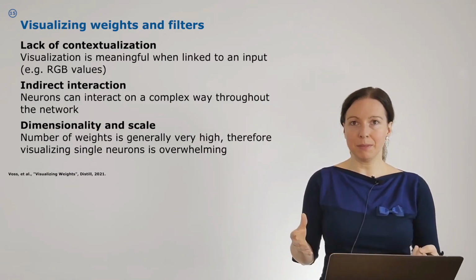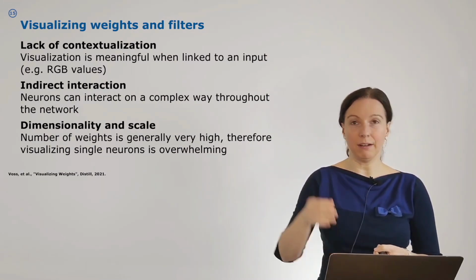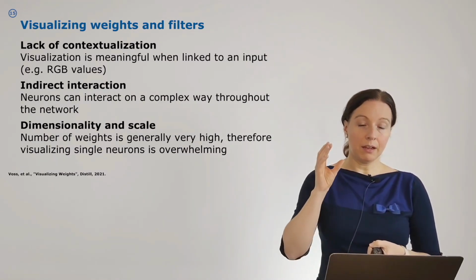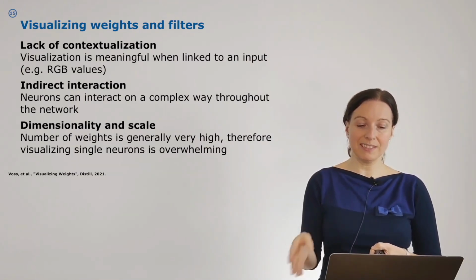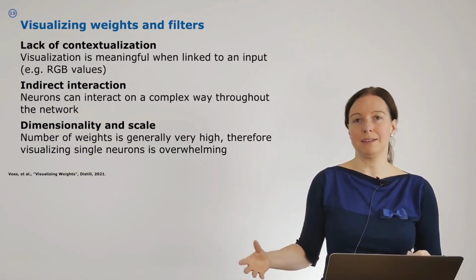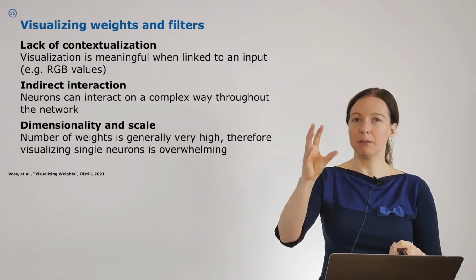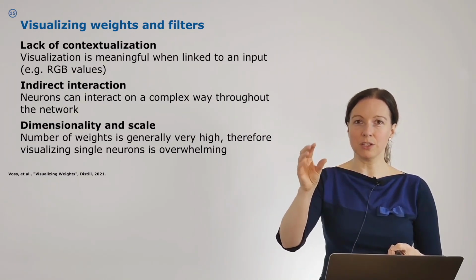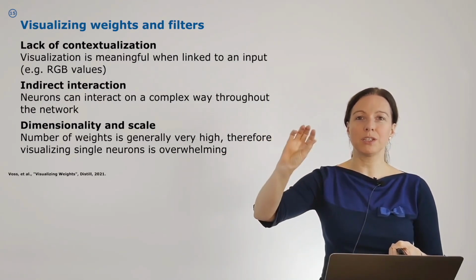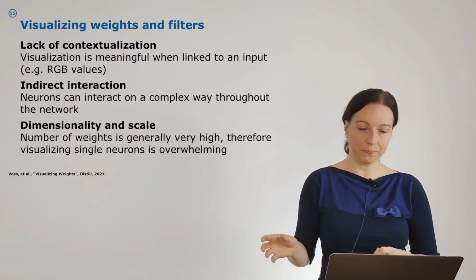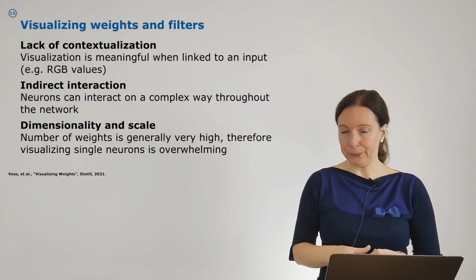So the weights are only really meaningful in the 1st layer, because there they are linked to the RGB values, and this is something we understand. If the network learns diagonal structures, we can assume that in the input image there are diagonal structures. Due to this connection, the weights in the 1st layer are meaningful.